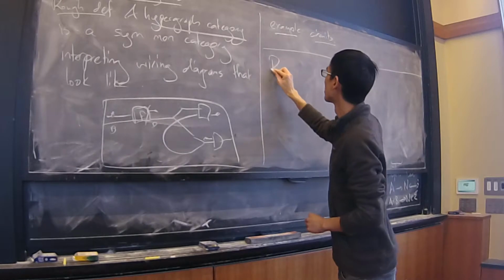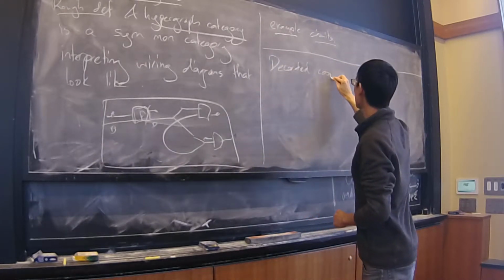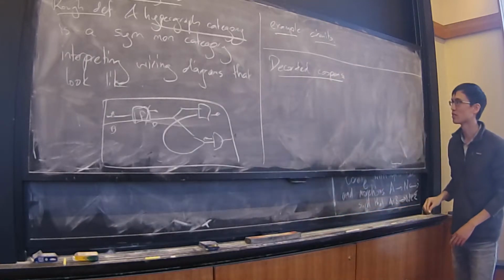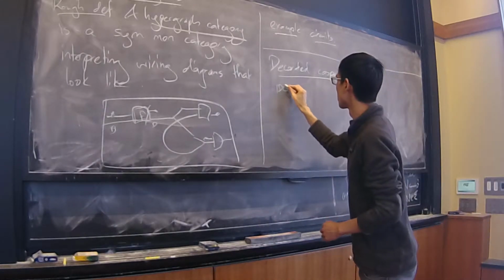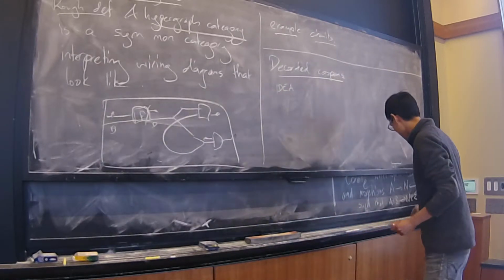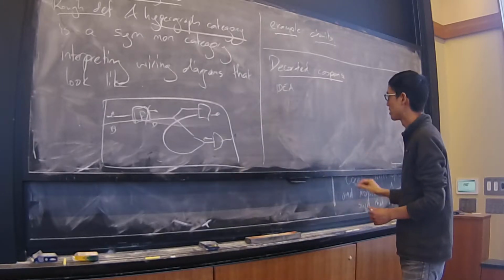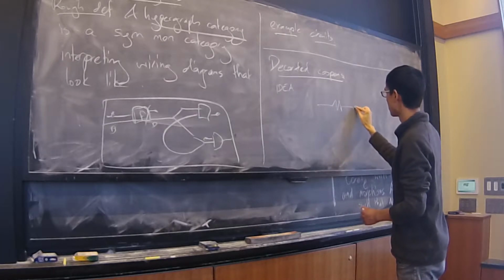Okay, so this is the idea of a decorated cospan. And the rough idea is that you might think of, so say we have some circuit diagram.